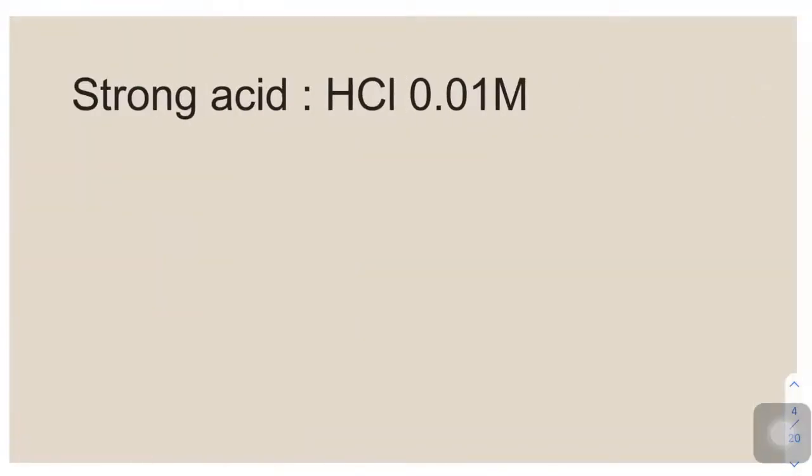Calculating the pH of a strong acid is the simplest one, because we know that a strong acid 100% dissociates into ions. For example, if we have HCl with a concentration of 0.01 molar, to calculate the pH, the basic we have to remember is that pH is equal to negative log of the concentration of H3O plus, or negative log of the concentration of the H plus ion.